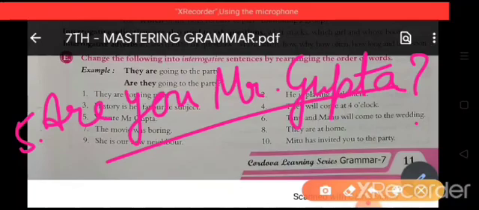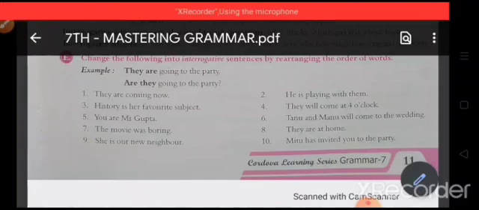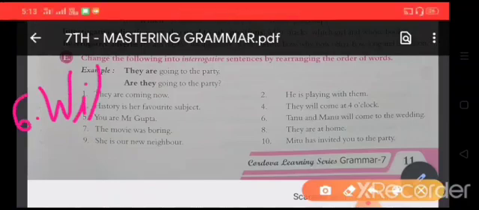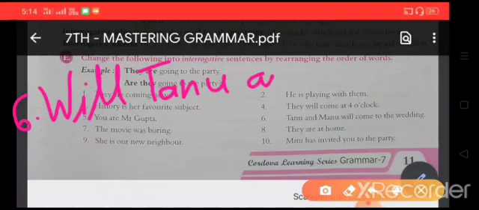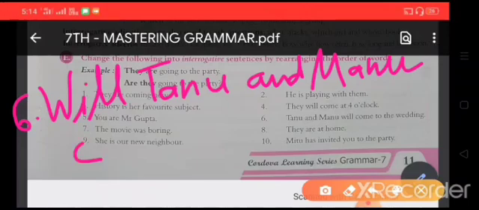Are you Mr. Gupta? Now sixth: Tannu and Manu will come to the wedding. Will Tannu and Manu come to the wedding? Question mark.